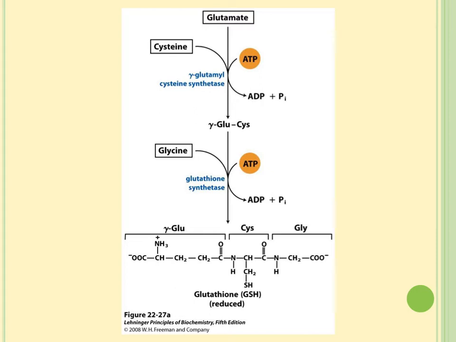A 2-step process, relatively simple, nothing way out there, and like I said, this glutathione can go on to do a whole host of things. For those interested, you can even look up, and I'll try to remember to incorporate that in, they're actually putting out a new textbook, and who knows, maybe it will go over ferroptosis in greater detail in the future, since it's a relatively new pathway.